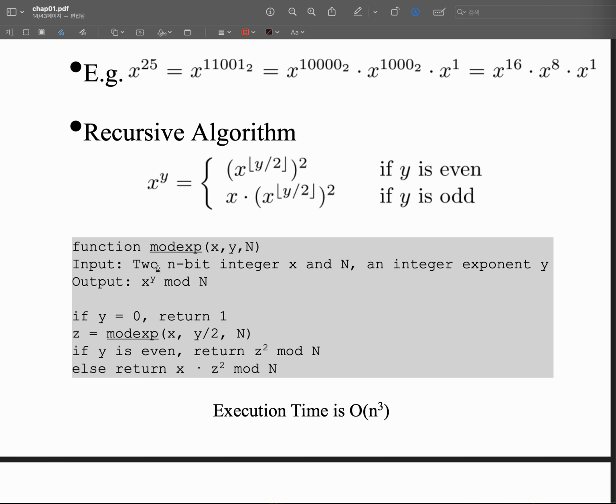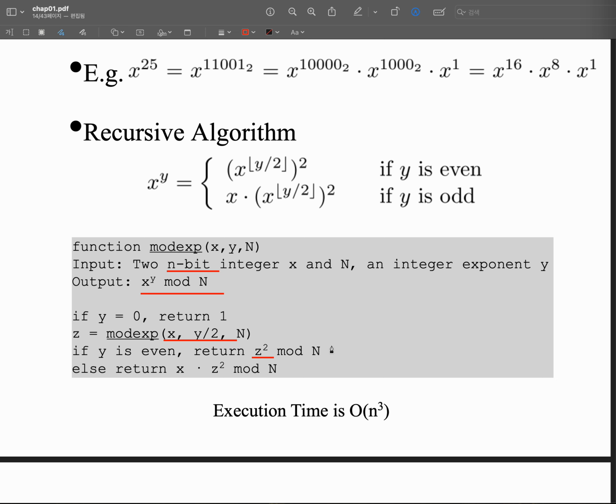And this can be written this way from this mathematical expression. So here, x to the power of y, and then there is y divided by 2. This can be done by a shift operation, and the squaring needs some kind of multiplication operation, and the modular operation takes a division operation.